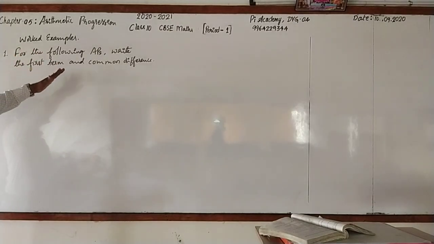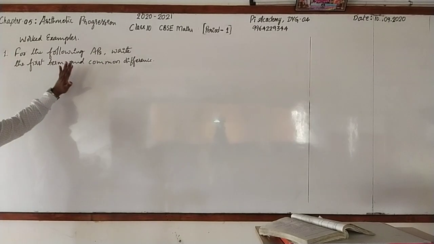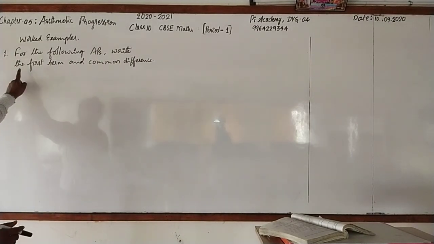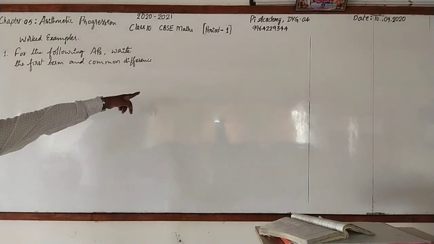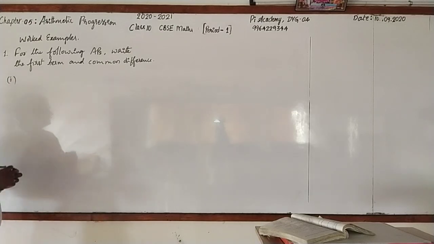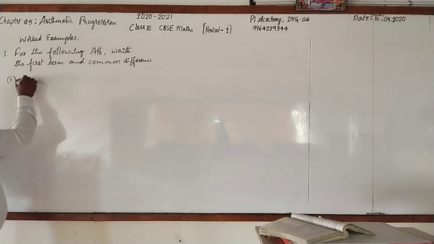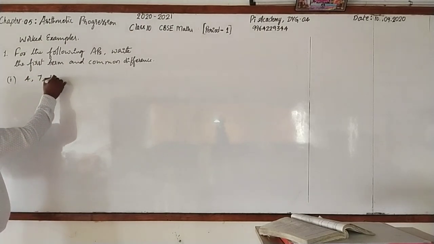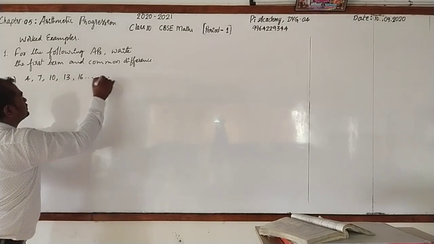Worked examples, the first one is like this. For the following APs, write the first term, that is A, and the common difference, that is D. In that, the first one is, I'll write, just keep observing, 4, 7, 10, 13, 16 and so on.